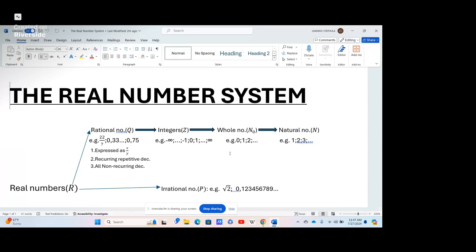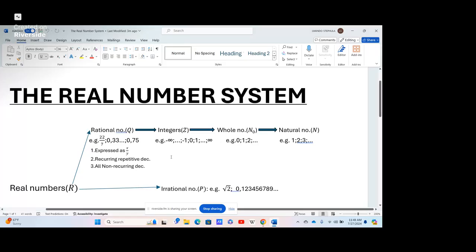This means that you cannot have a number that is both rational and irrational. It can only be one of either rational or irrational. That's why I'm going to describe them at the same time, in order to reinforce the difference between them.